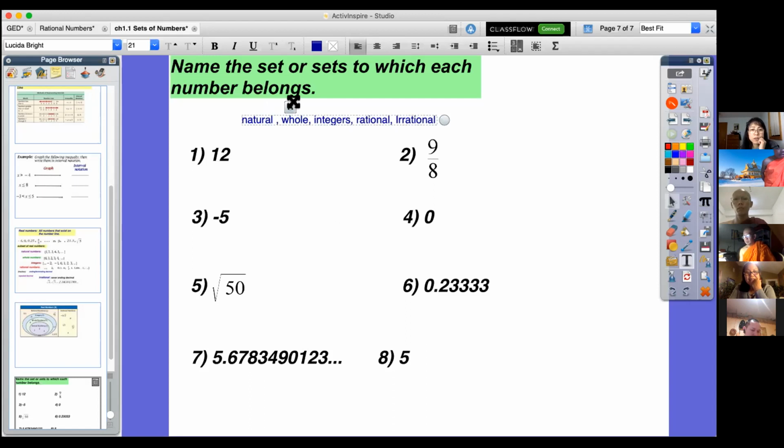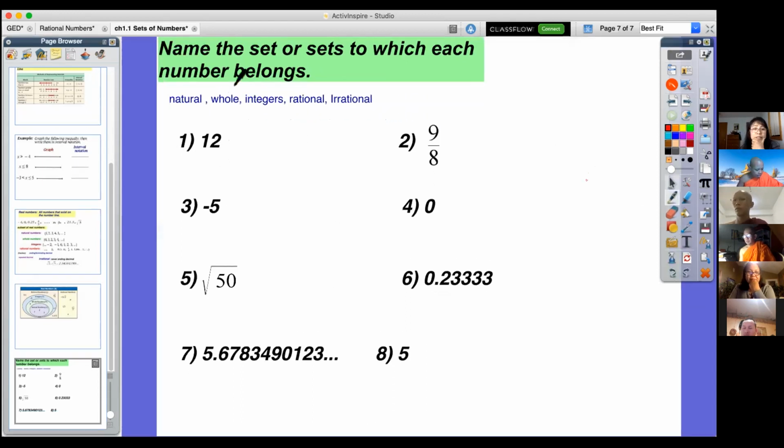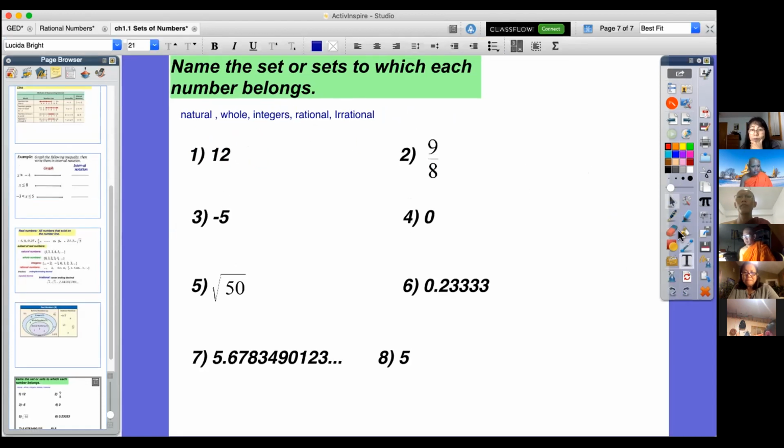So tell me, 12. Is 12 a natural number? Yes.